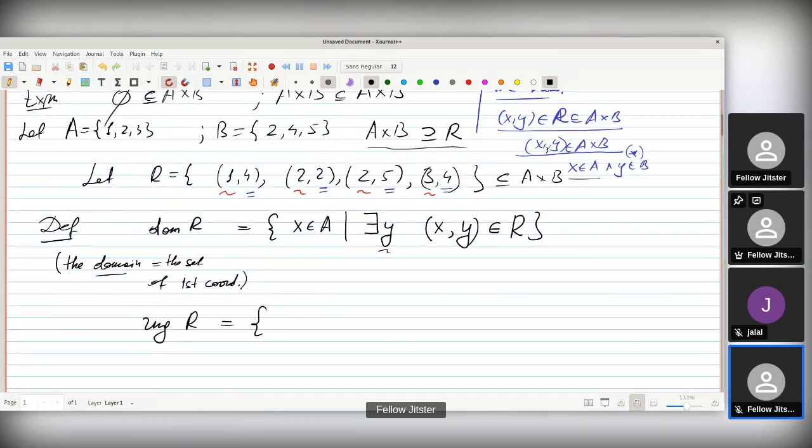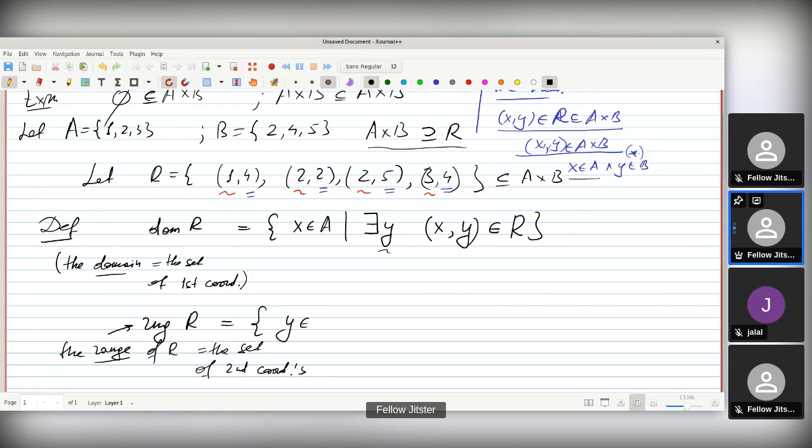Yes. Quite similarly, I can define the range. The range of R, that is the set of second coordinates. What is the set of second coordinates?